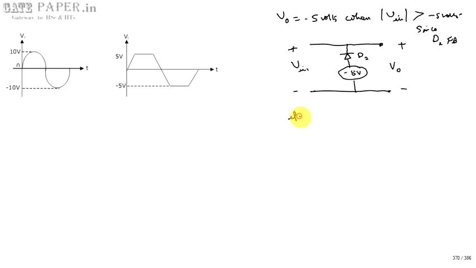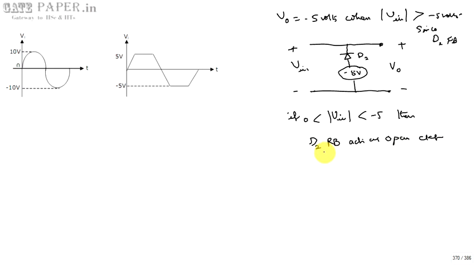Else, if V input is going to be greater than minus 5 volts and less than 0 volts, then you are applying a more positive voltage towards the N side than the P side. So diode D2 becomes reverse biased and acts as an open circuit.